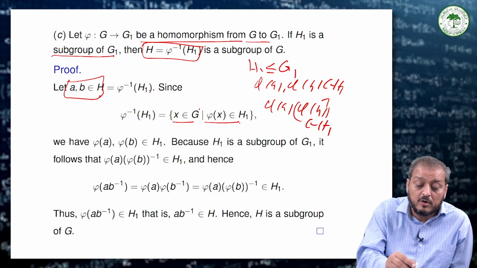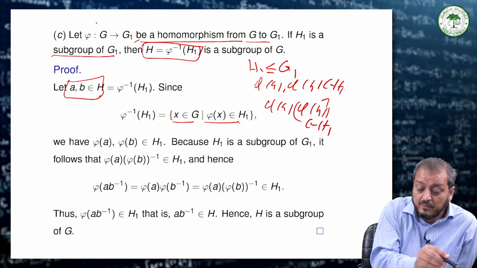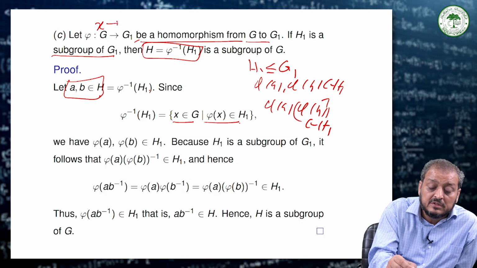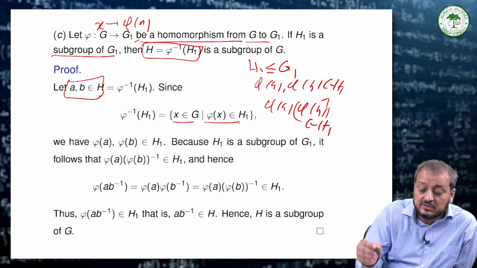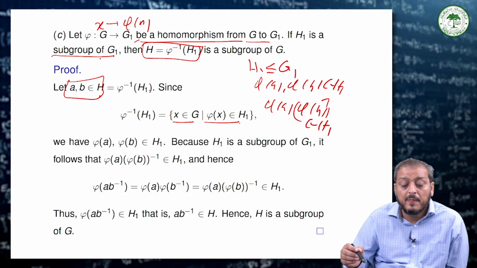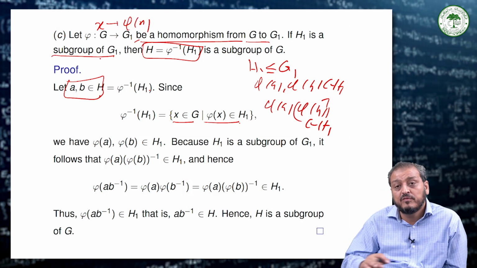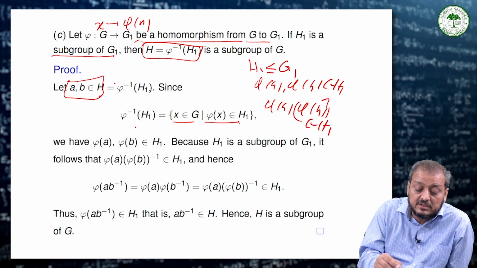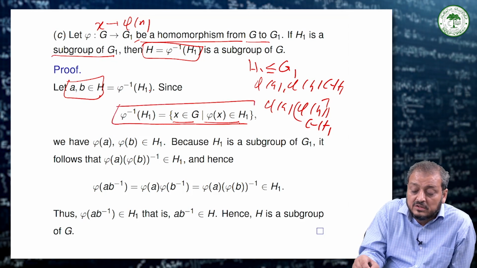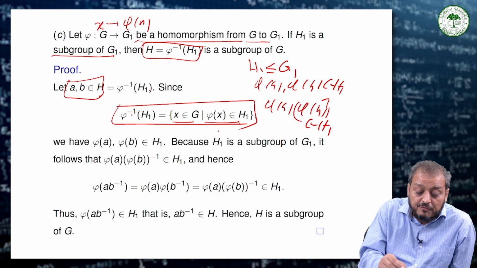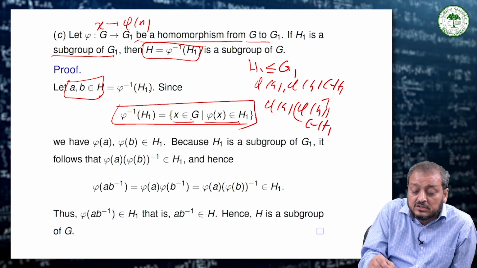So this means, because phi is a map from G to G1, if x is any element of G, then phi of x is an element of this, because H1 is a subgroup of G1. So phi inverse of H1 is of this form. Now phi of phi inverse H1 is of this form.